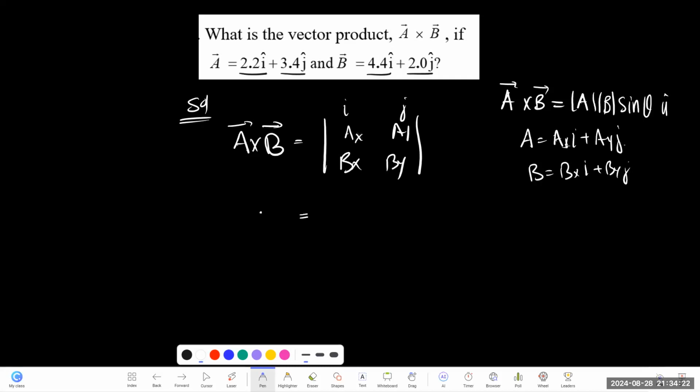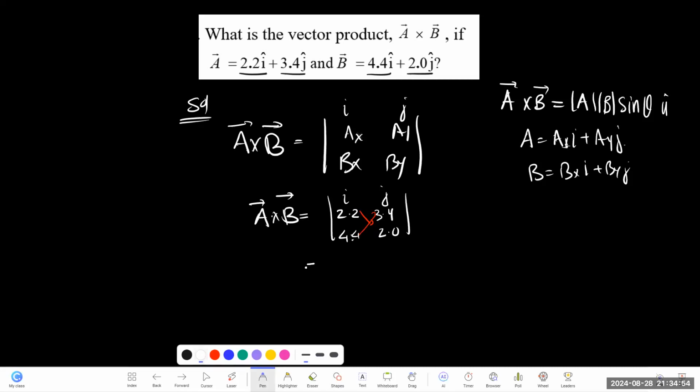Before I do anything, I'm going to just substitute the value. So with I, j, and writing my vectors, you get 2.2 and 3.4 and 4.4, 2.0. So I'm going to multiply these two minus these two.